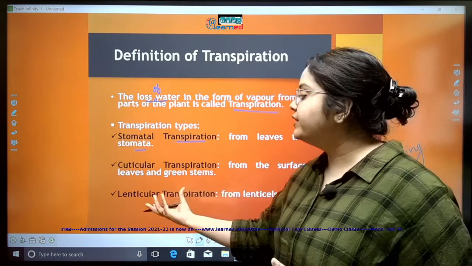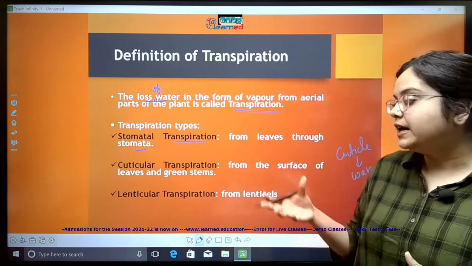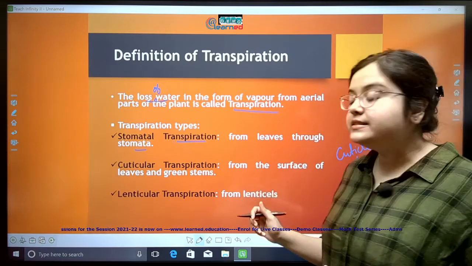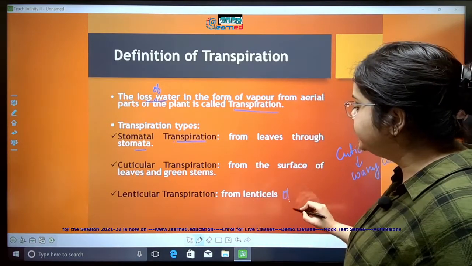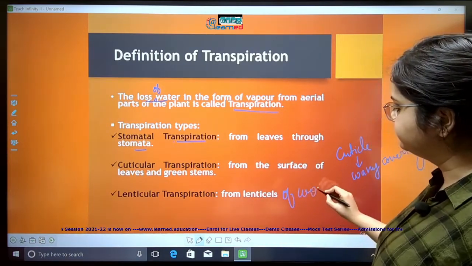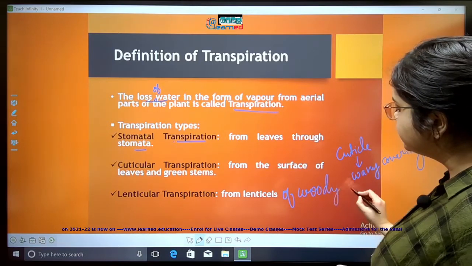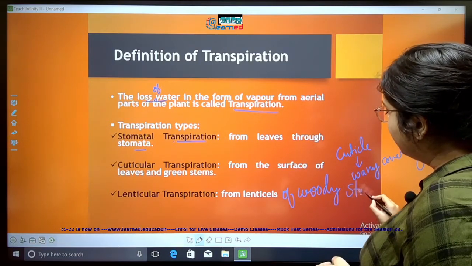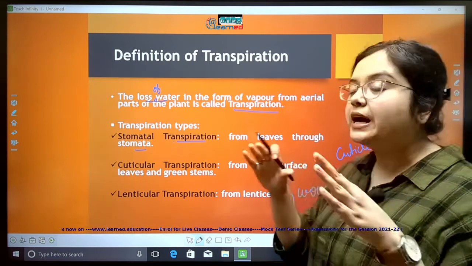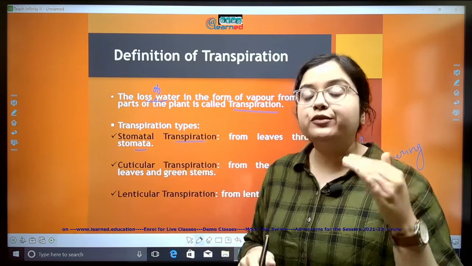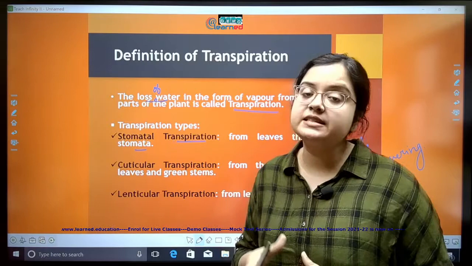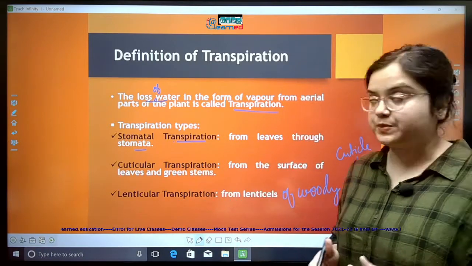And there is also lenticular transpiration, happening through lenticels of woody stems. Lenticels are certain openings found on the woody stems or branches of old trees, and transpiration through them is known as lenticular transpiration.